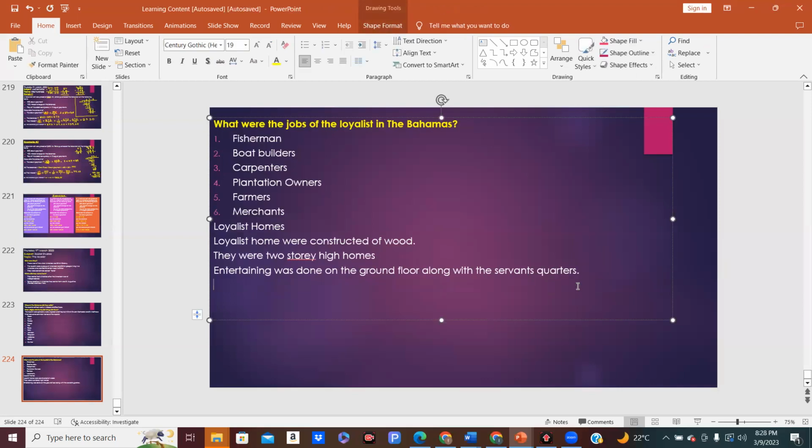And the bedrooms, however, were on the second floor.